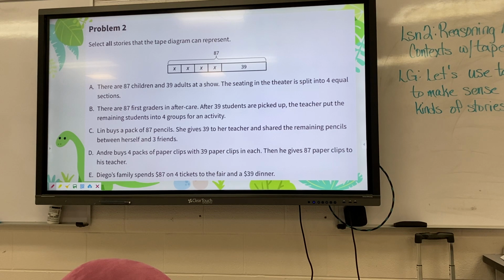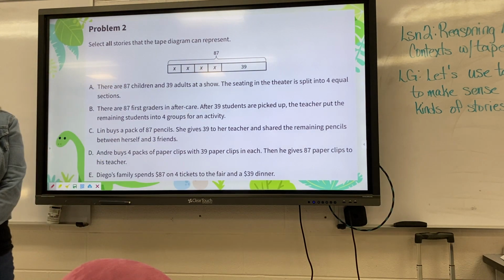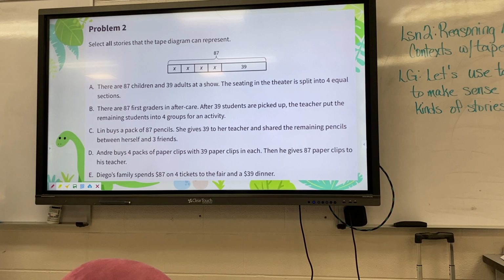Is the total wrong? What's the total in the story? There's 87 first graders. 87. Okay, do we have a total of 87 in that tape diagram? Yes. Okay, that matches. What else happens?